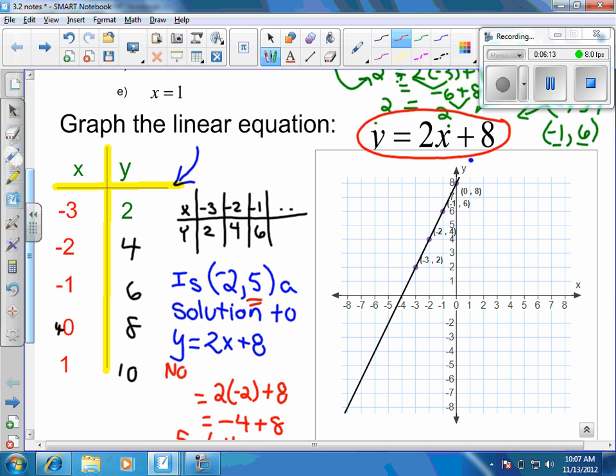And we'll talk a little bit more about different ways to get those graphs. But if we look at -2, 5, it's not on the line, so it's not a solution. A solution would fall on the line. Where -1, 6, that is a solution.